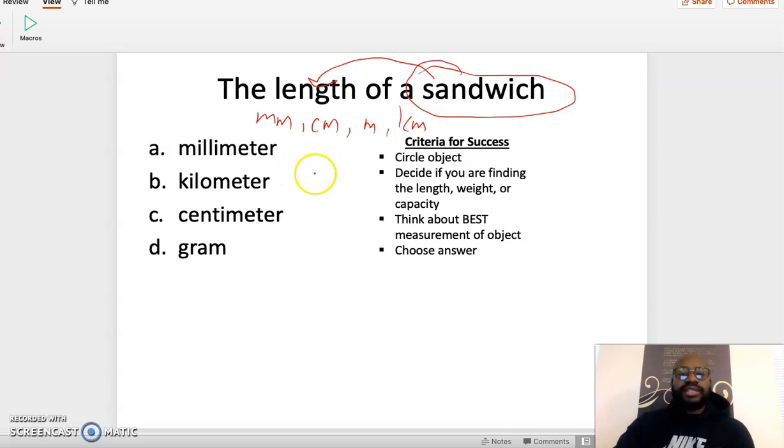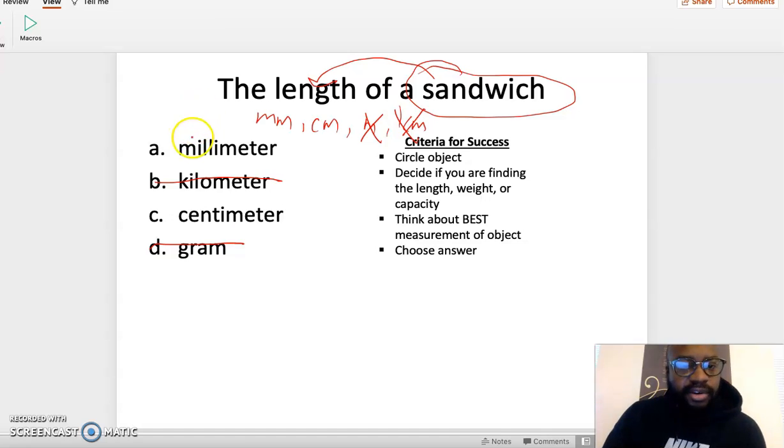If I'm thinking about a sandwich, I know I can't use kilometers. I know I can't use meters. So when I'm looking at my answer choices, I can get rid of kilometers. That doesn't make sense. I can get rid of grams because gram is not something we use to measure the length of something. So I'm left with millimeter or centimeter. If I'm thinking about a sandwich, a millimeter just seems too small.